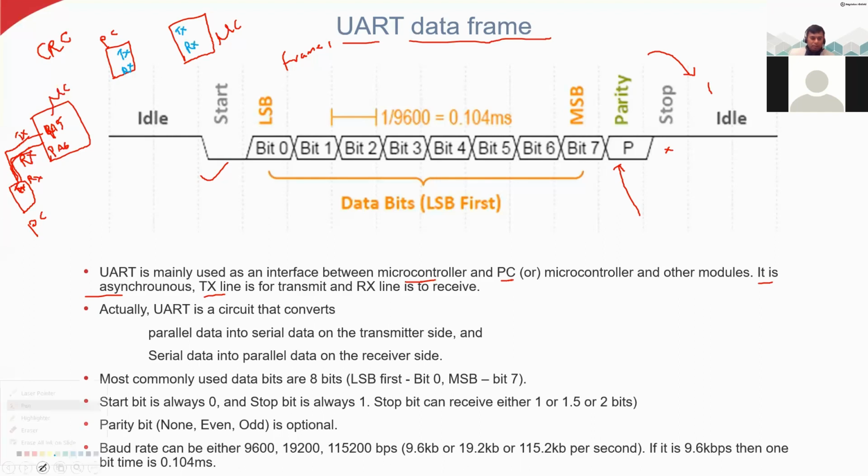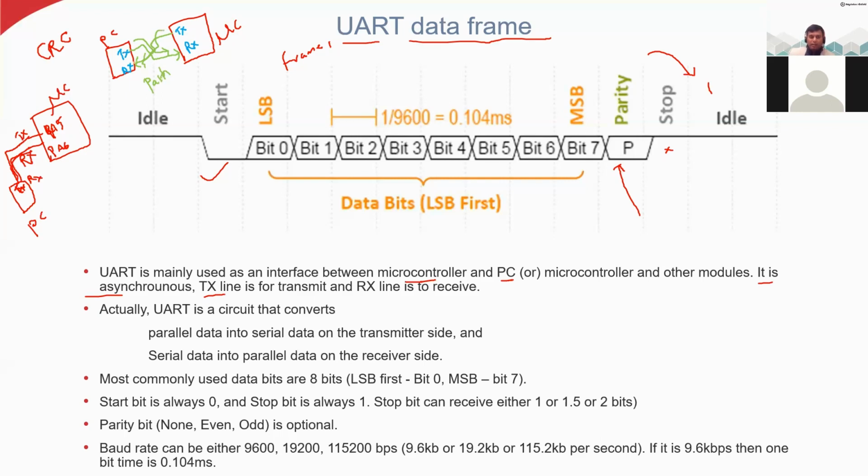This transmitter is connected to the receiver of the microcontroller, and this transmitter is connected to the receiver of the PC. So when I send the data, it travels and reaches this receiver pin of the microcontroller. Then the microcontroller will process the data. Similarly, I send back some result to the PC, and this data is transferred through this path. This is the data transfer path.